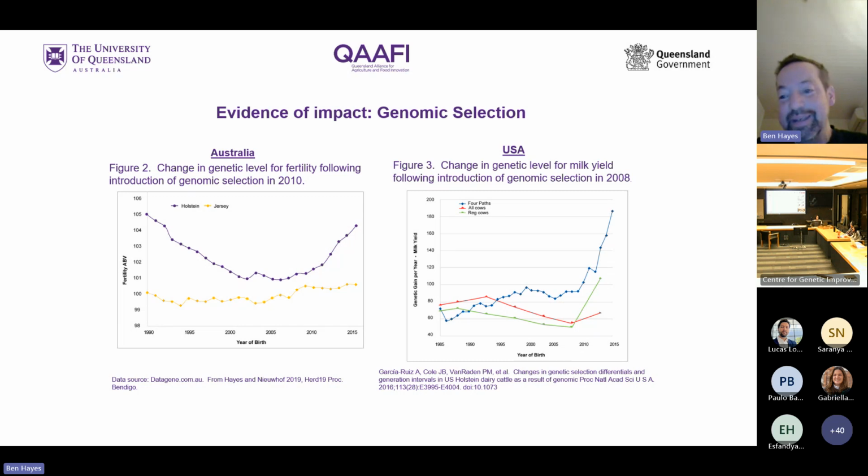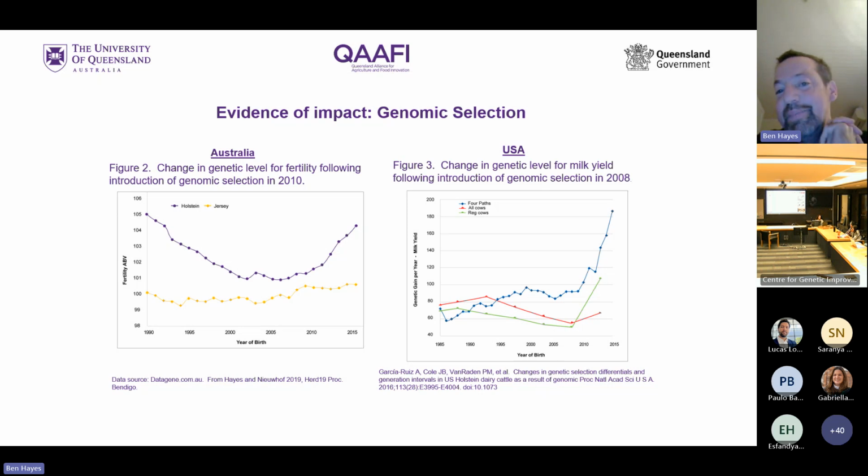Unfortunately, the genes that improve milk production have, on average, a detrimental effect on fertility. So fertility was going down, and we managed to turn that around by strong genomic selection on fertility. And dairy farmers have actually noticed that. They're reporting an increase in fertility in their herds.